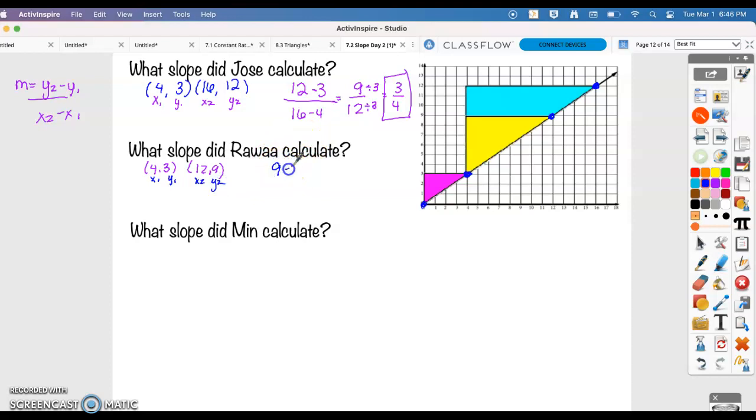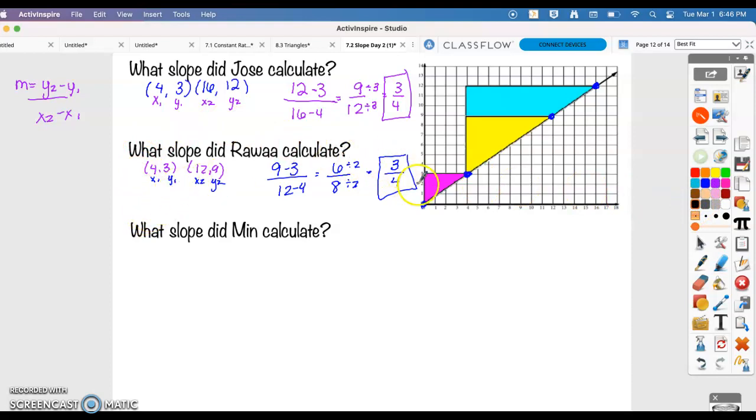So we have 9 minus 3 all over 12 minus 4. 9 minus 3 is 6. 12 minus 4 is 8. That fraction is even, so I can simplify it. I'm going to divide both of those by 2. 6 divided by 2 is 3. 8 divided by 2 is 4. 3 over 4. Again, up 3, right 4. Up 3, right 4. Those are the same. I wonder if there's something to that.